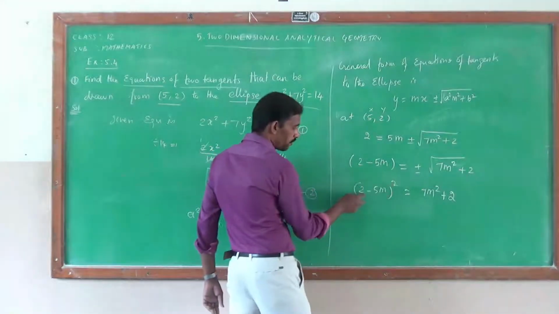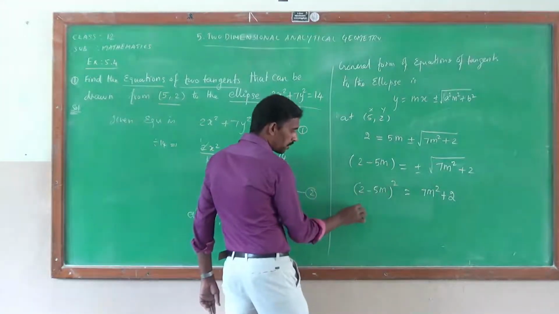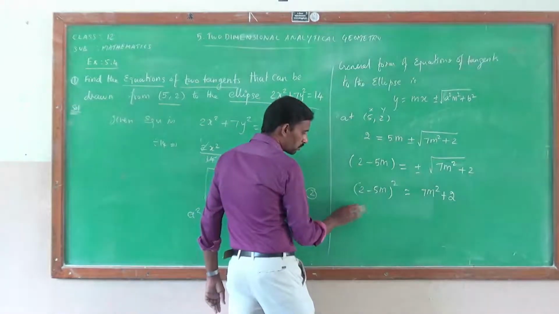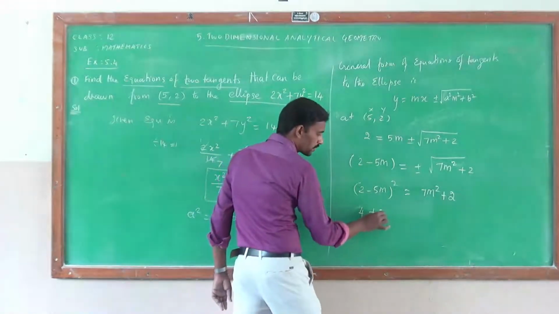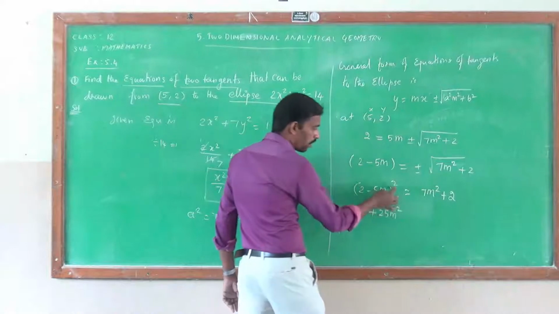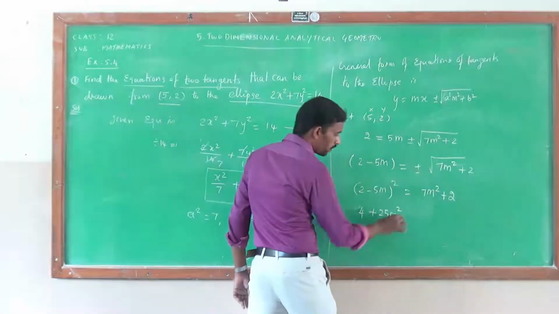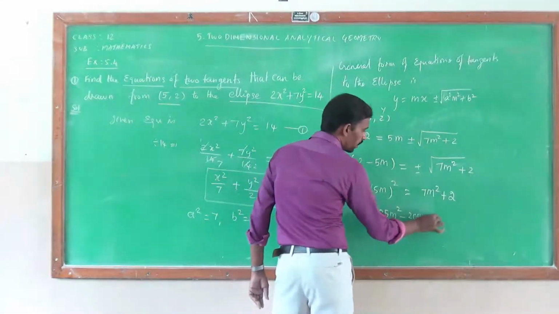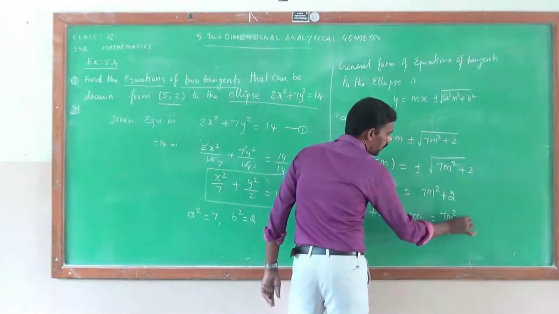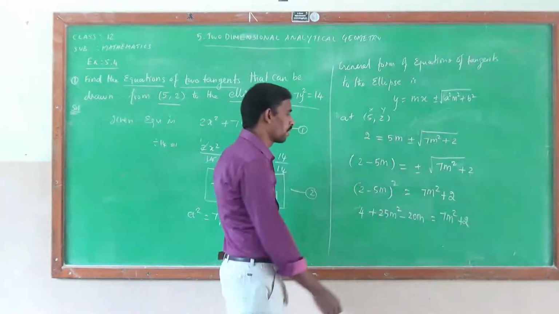Expanding, it becomes 4 plus 25m square minus 20m, which is equal to 7m square plus 2.